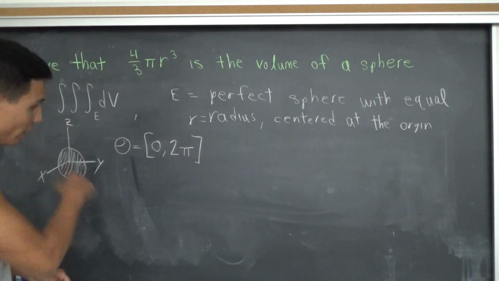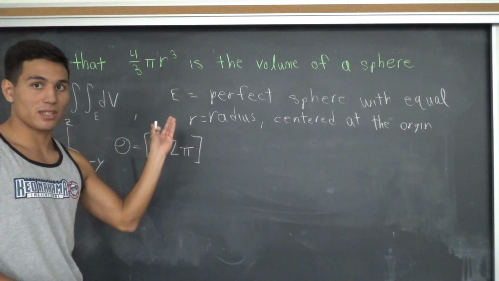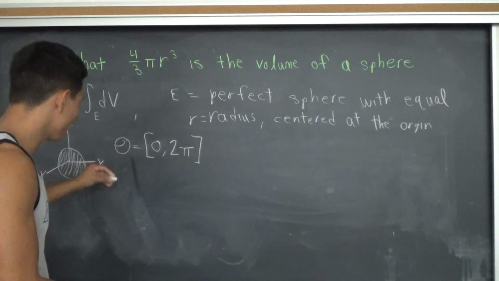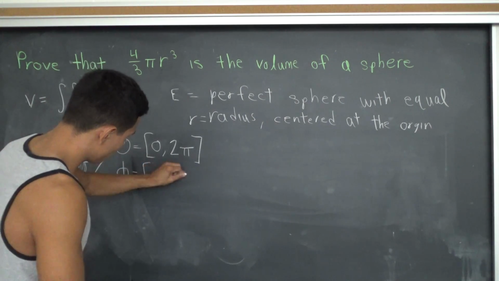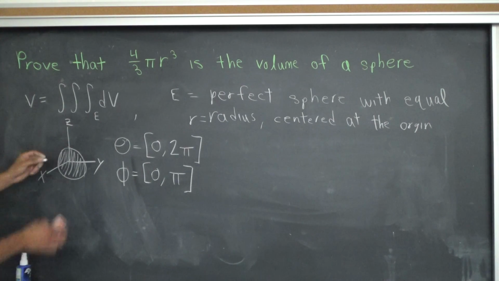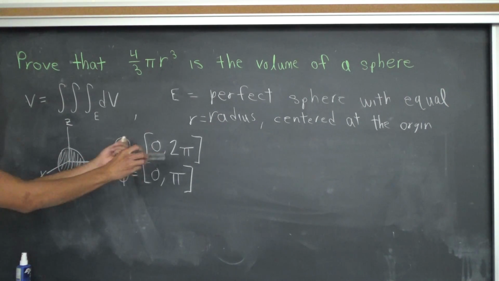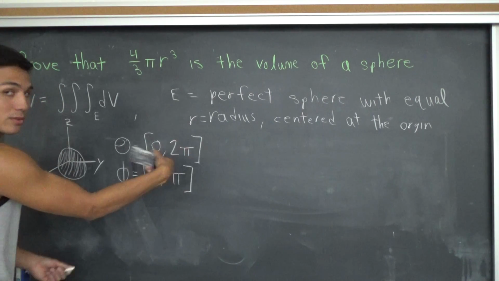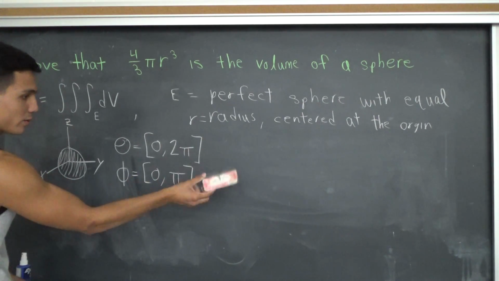If we want to see the same thing from top to bottom, we use phi. So phi is from 0 to pi. Remember, phi is like the windshield wiper going down, and theta is going around. Phi goes up and down, theta goes around.